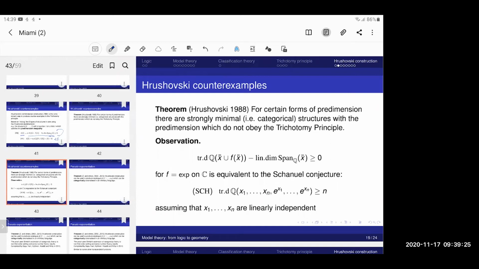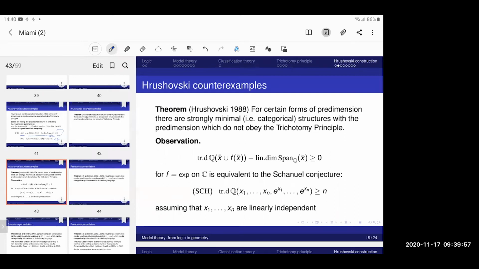And then when these Hrushovski counterexamples came around, we were quite puzzled really, and the question that people started asking was whether it is a pathology. Is the universe of mathematical structures full of pathologies, or what does it mean, and so on.